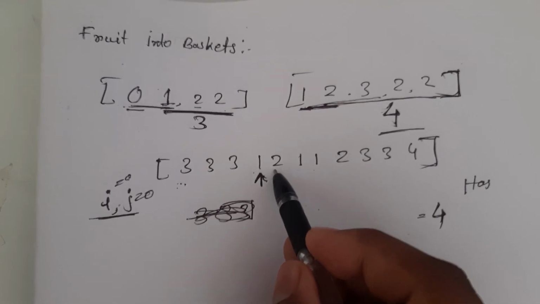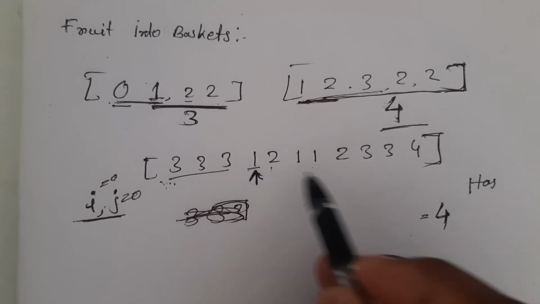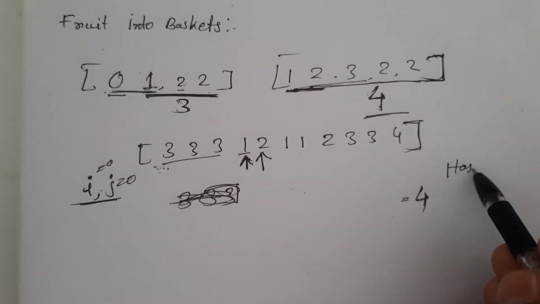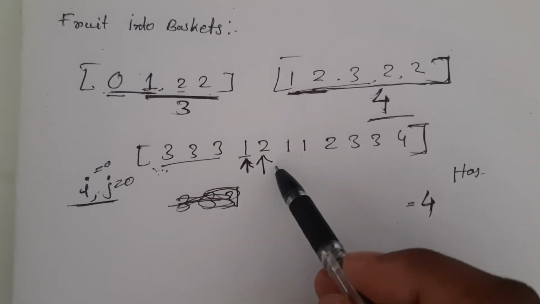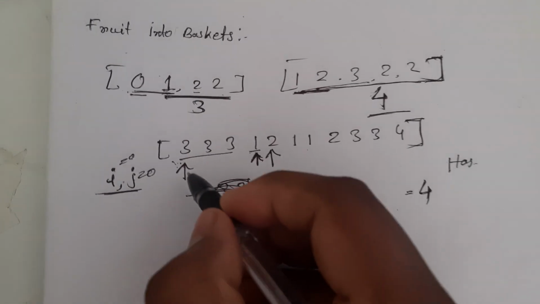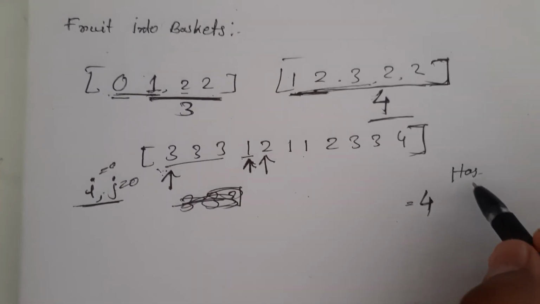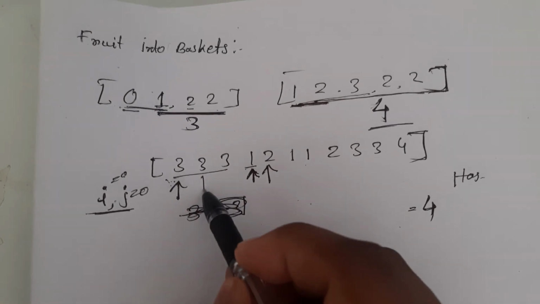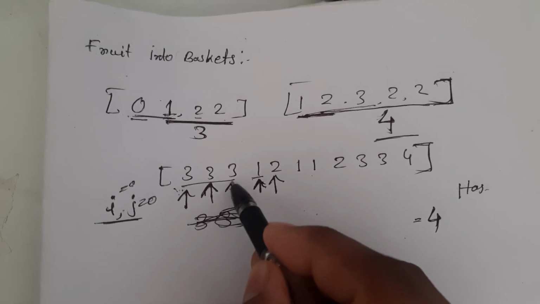Now, whenever we see 2, this is one type of food, this is another type of food, and when we get 2, the hash map size will be greater than 2. In that case we remove elements from the front, using i. Removing one occurrence will not decrease the hash map size, so I will again remove that, and this one also I remove.